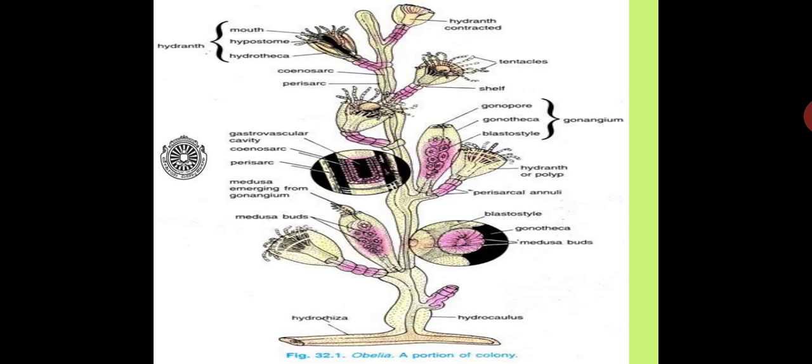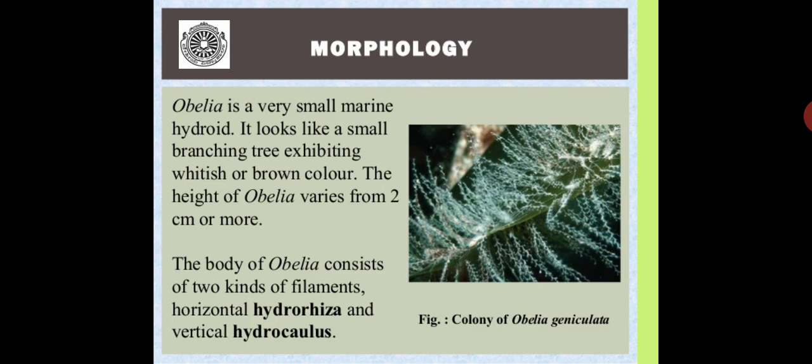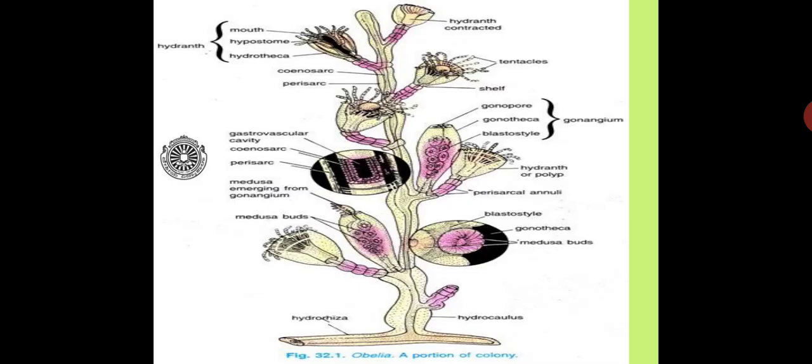You will also observe that the entire body of the Obelia colony is externally surrounded by a layer called the perisarc. This perisarc encloses a living tissue called the coenosarc or coenenchyme, and the inner layer is called the gastrodermis.